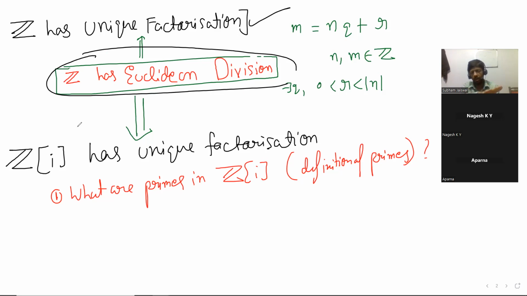Our goal is to show that Zi has unique factorization. So every number in Zi can be broken up into primes in a unique way. There should be a simple way to do it.